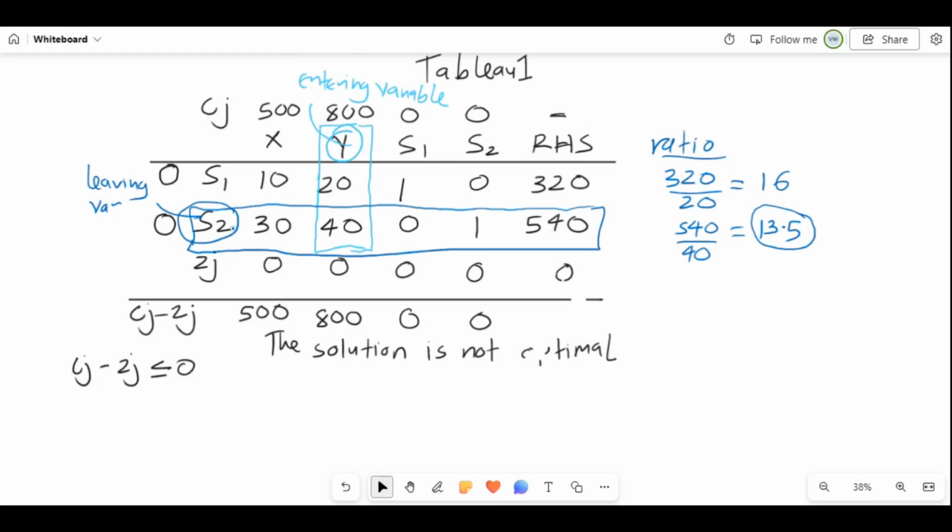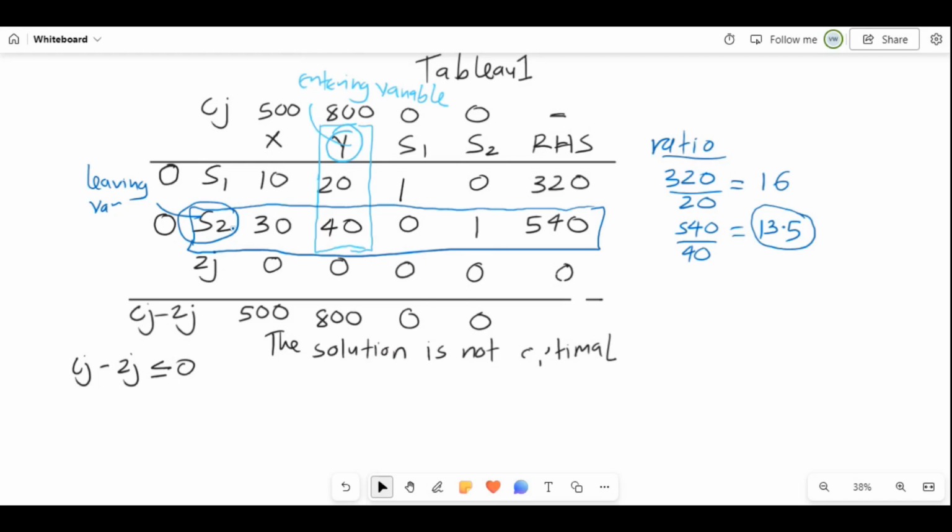The reason for doing that now, because we've already started allocating resources, and it means that now units of Y, remember Y was the executive dress, units of the executive dress are now being produced. And you'll realize that as we switch from Y to S2, now we are utilizing that unutilized capacity of the resources.